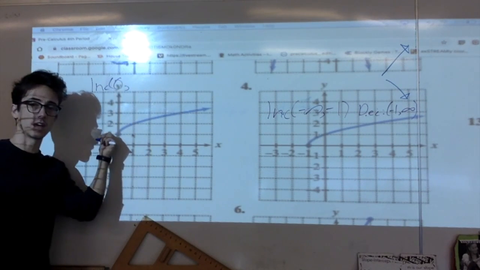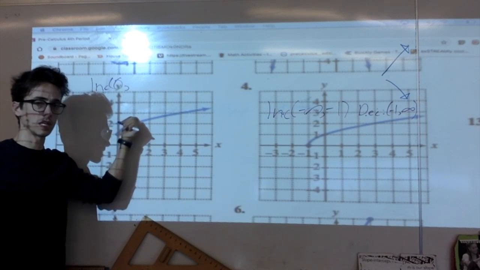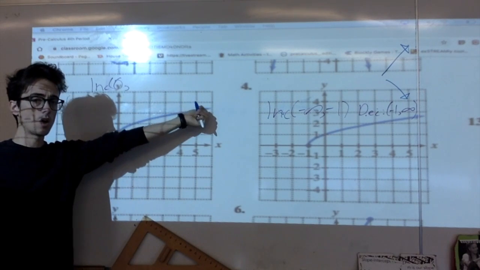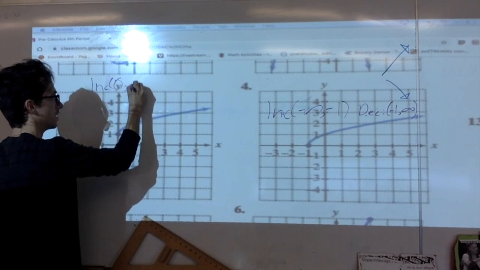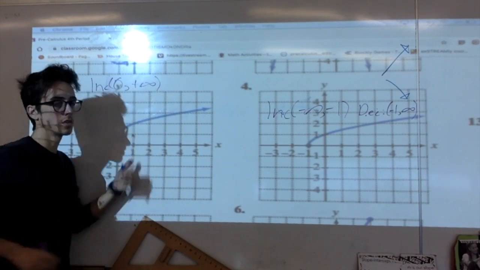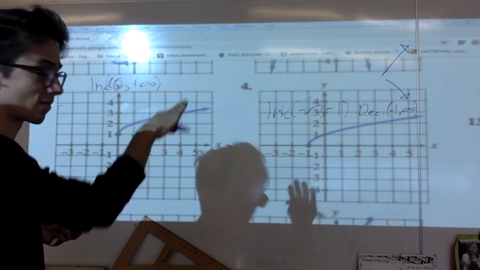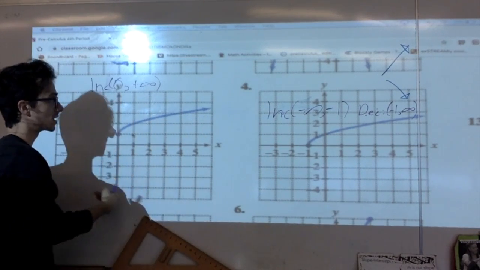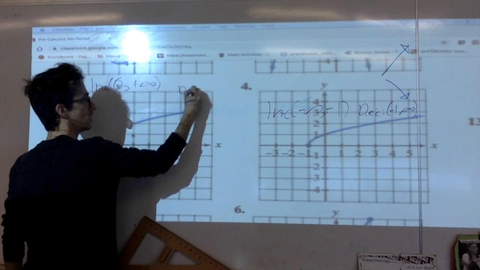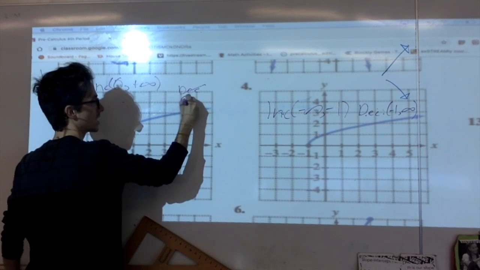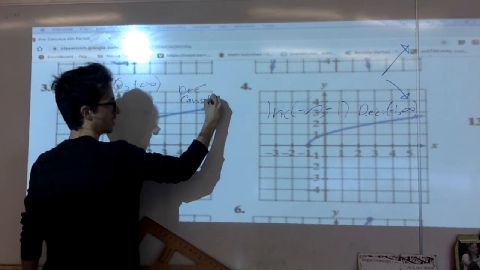So this is increasing from 0, and it looks as if it's going to keep going out and out all the way to positive infinity. Even though this looks more like a relaxed line, it's definitely going to continue out and to the right. It's not decreasing and it's not constant.